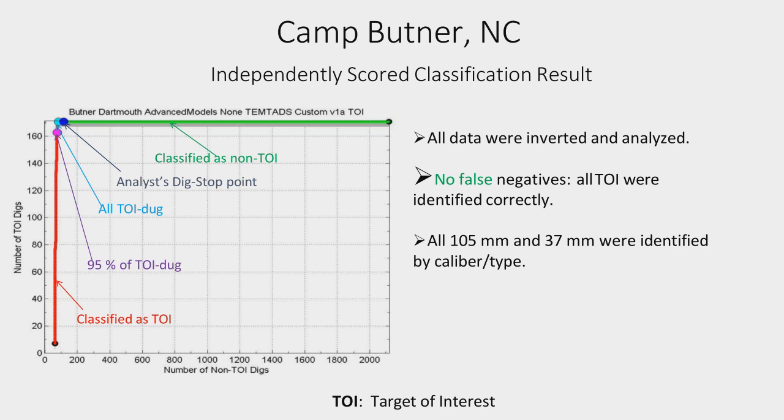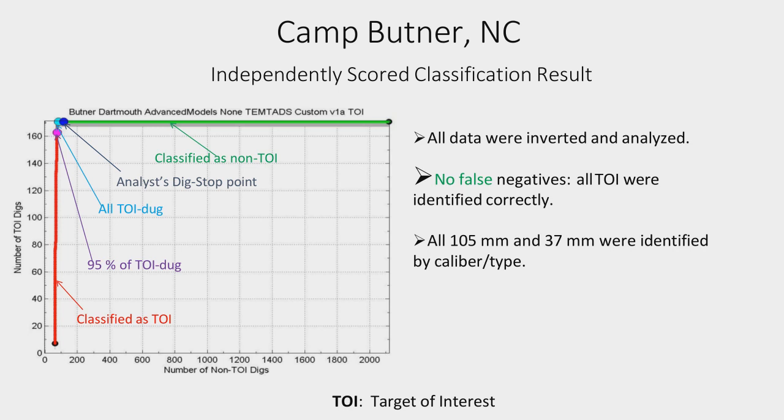On the x-axis, the green lines are targets that we said were not UXO, we said clutter, and it turns out to be correct. The blue dot is where we say to stop digging, and at that point we were able to classify our TOIs.